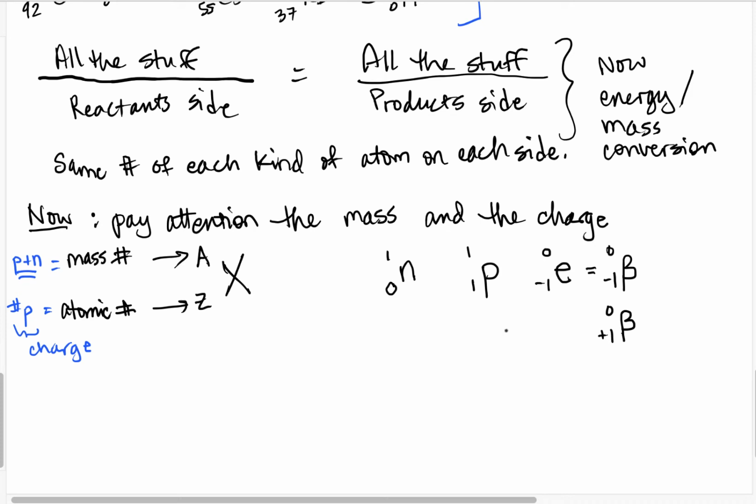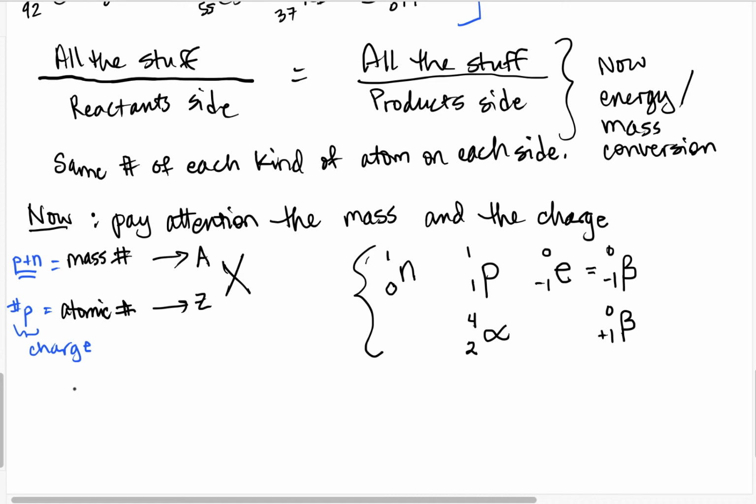And of course, we've already seen the alpha particle that has 2 protons and 2 neutrons, which means that it has a mass number of 4 and an atomic number of 2. So these are all of our kind of subatomic particles plus our helium nucleus that are involved as mini particles that we're going to see both coming into nuclear reactions and coming out of nuclear reactions.